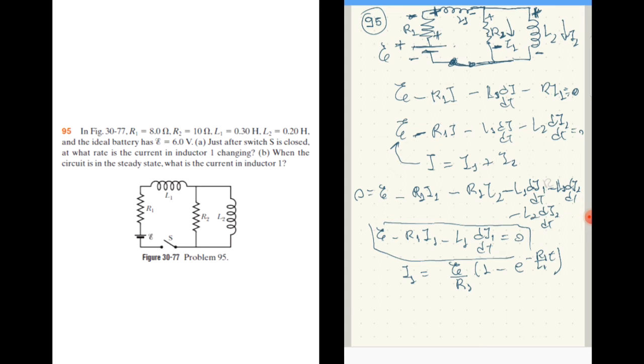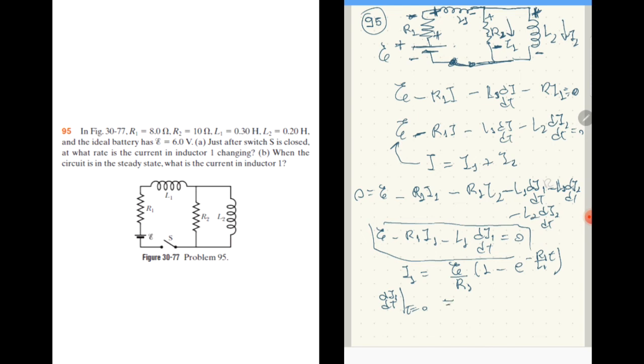So the problem actually asks us to determine the derivative of the current right after the key is closed, so the derivative of the current with respect to the time when the time equals 0.